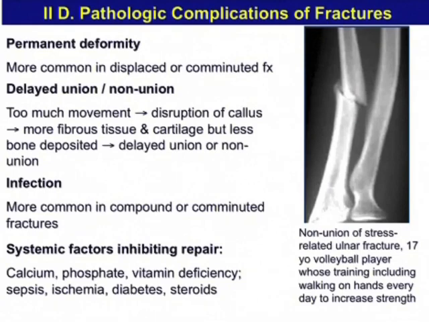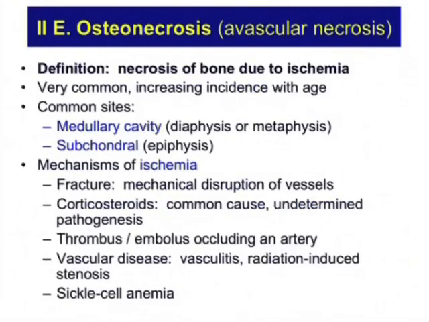All right. So moving on now to avascular necrosis. Avascular necrosis, as the name implies, is dead bone because there isn't enough oxygen to it. So it's decreased vascular supply, and that can be for a whole number of reasons.